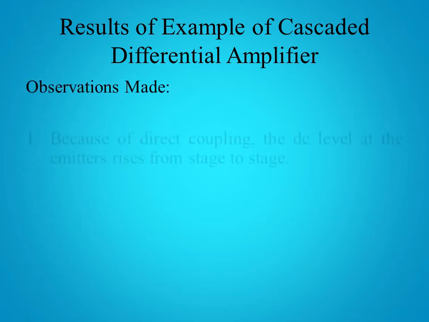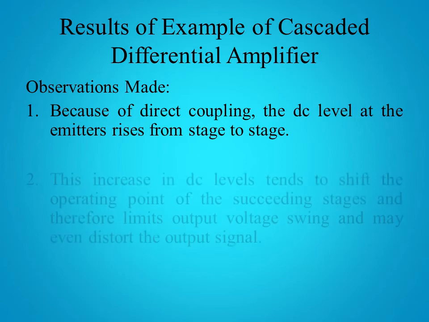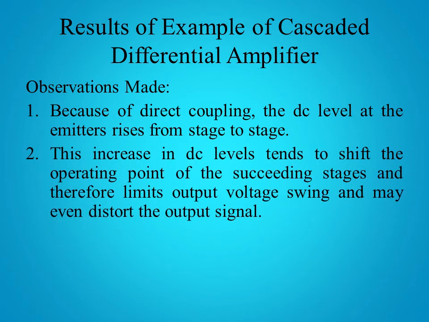What were the observations? Because of direct coupling, the DC level at the emitters rises from stage to stage. We have taken only two stages and the collector voltage has risen. This increase in DC level tends to shift the operating point of the succeeding stages and therefore limits output voltage swing and may even distort the output signal.